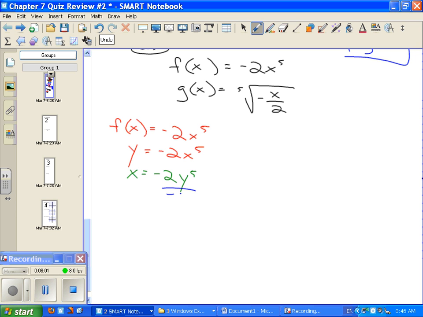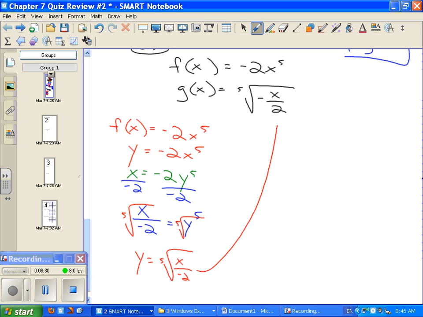So if I divide both sides by negative 2, I get y to the 5th equals x over negative 2. And when you divide, make sure that you're not actually subtracting them. And I get y equals the 5th root of x over negative 2.